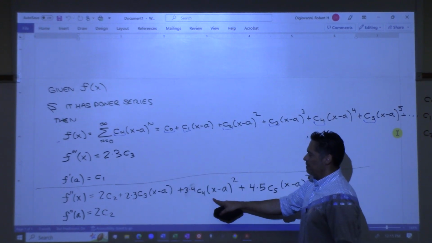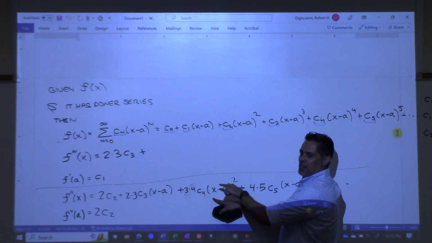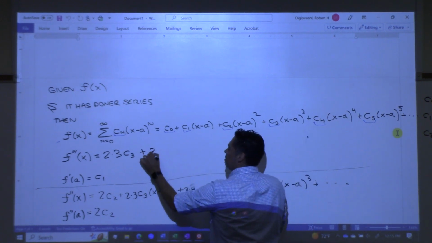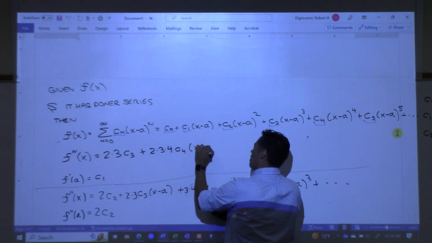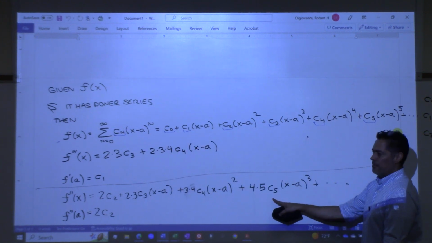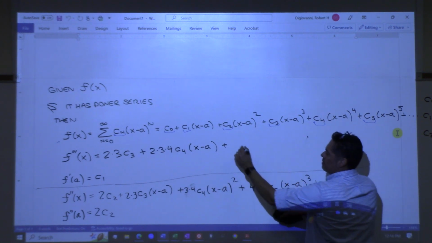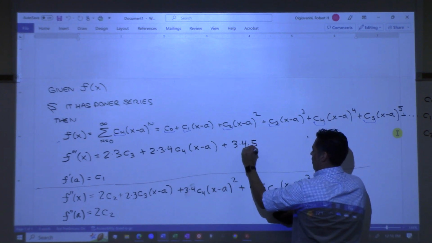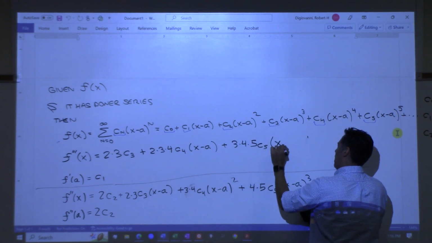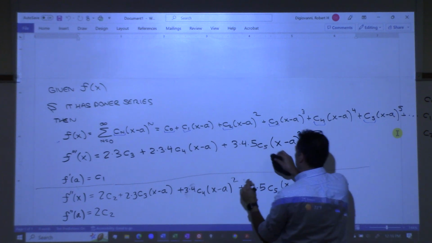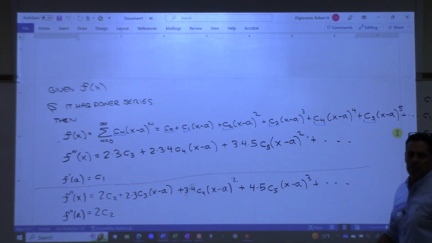Derivative of this, 2 times 3 times 4, c sub 4, (x minus a) to the first power. This one, 3 times 4 times 5, c sub 5, (x minus a) to the second power. Plus, and it keeps going, right?